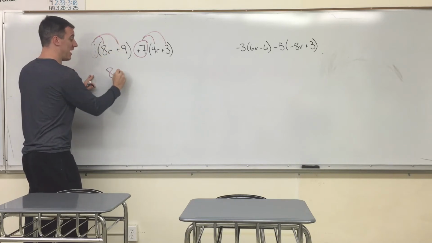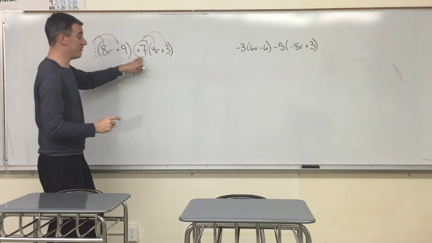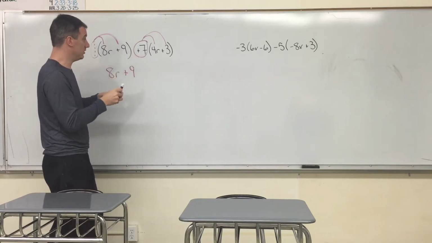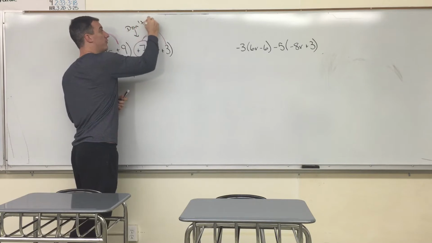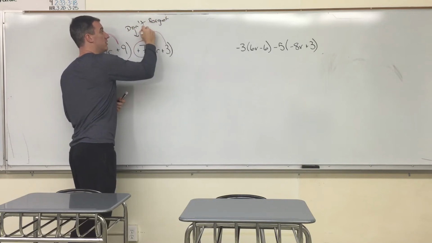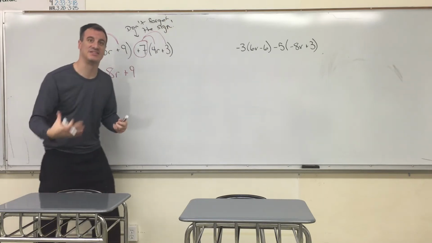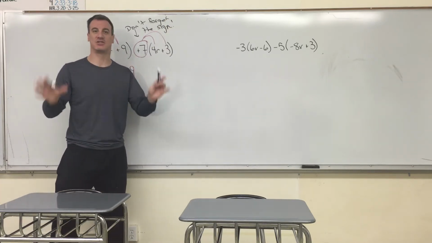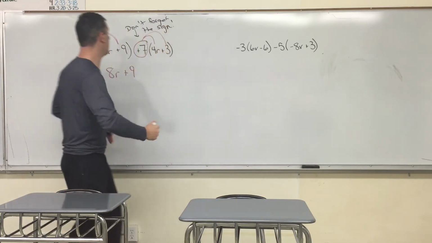The 1 times positive 9 is positive 9. Now this is where it's going to be key. Don't forget the sign. Don't forget that sign that's in front of the number, because that's going to make a world of difference, especially when we get to a problem like this one over here.